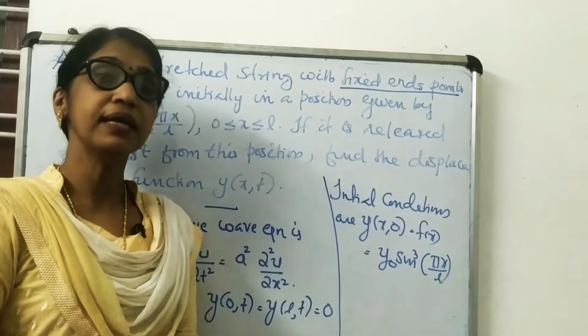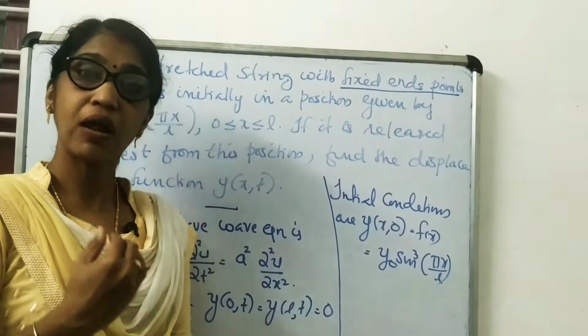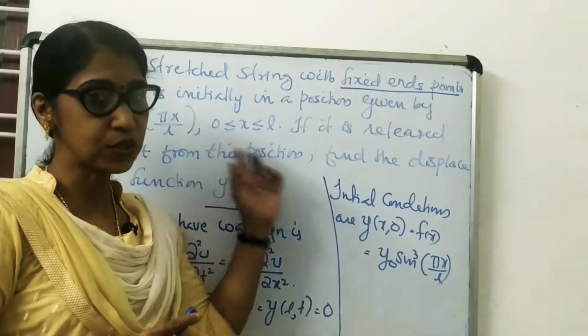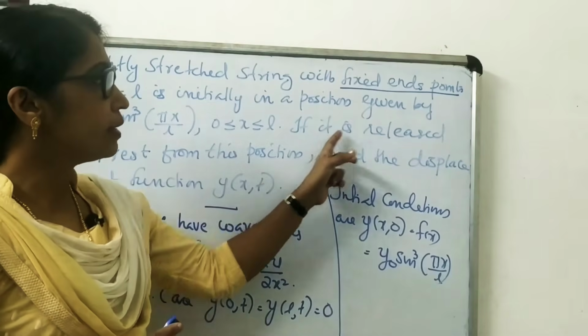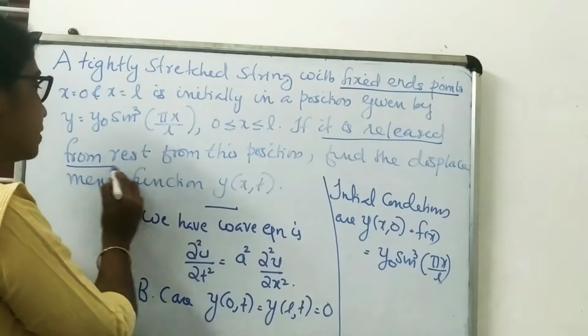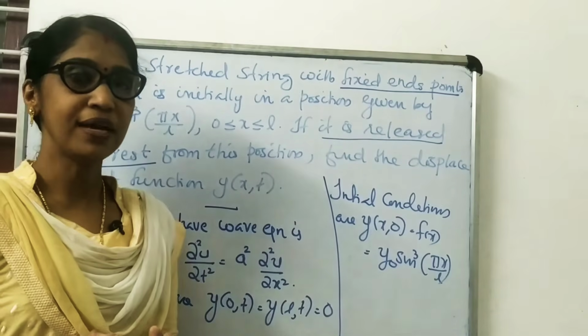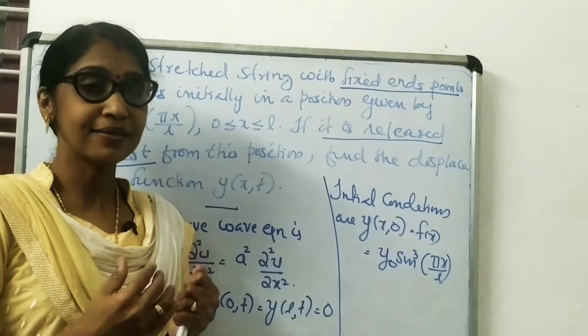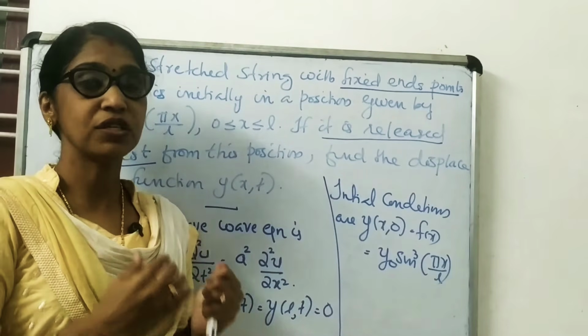Now the other initial condition is initial velocity. What is the initial velocity? That also we have to find out from this question. If it is released from rest, we know that when a string is released from rest, its initial velocity will be 0.